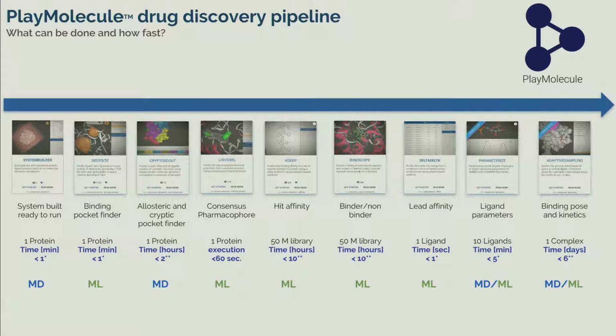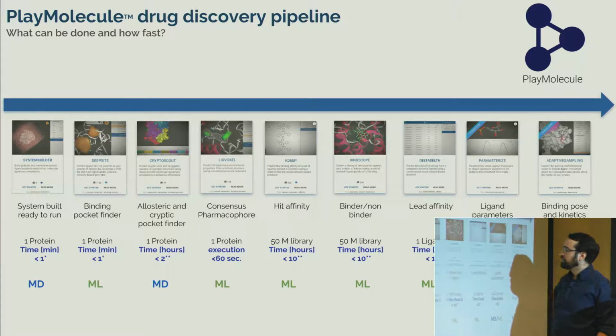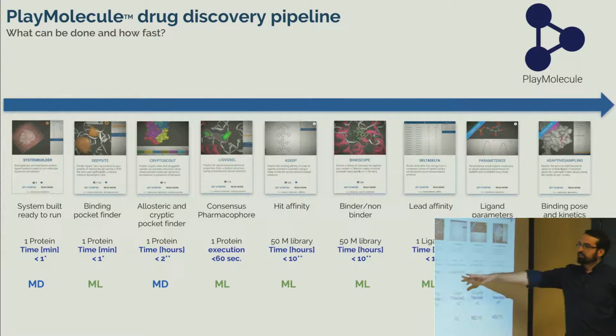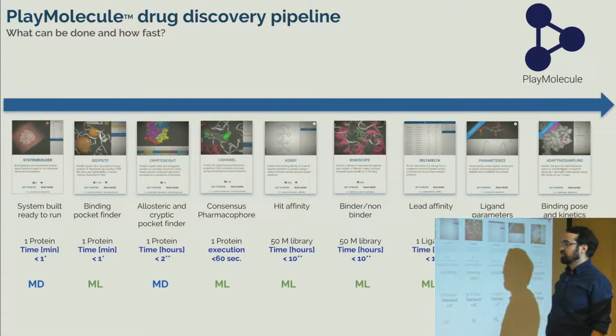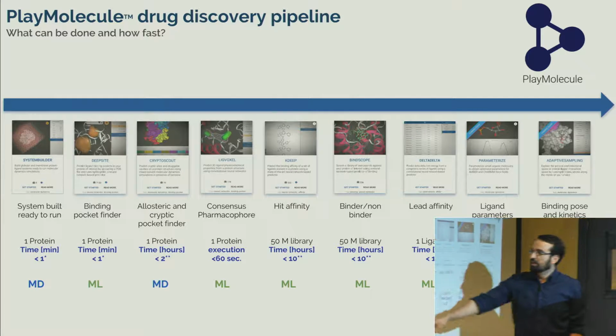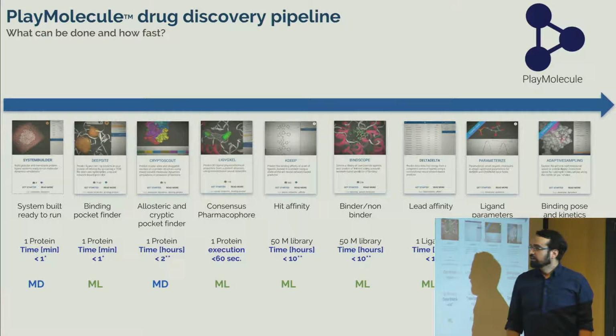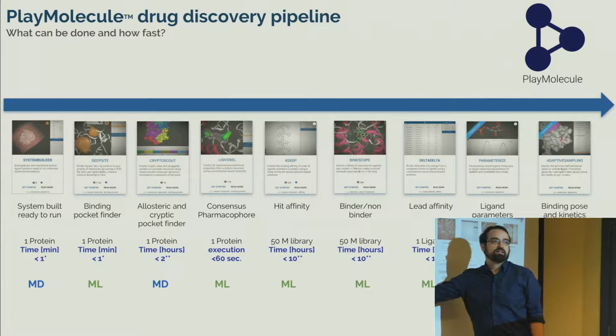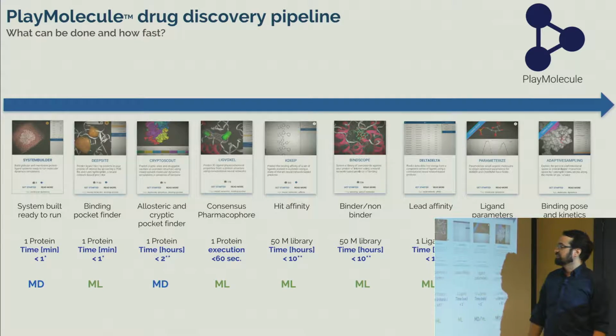All of these applications that you can see here are part of different aspects of this process. You can have hit affinity, for example, lead affinity. These are two different things, as Adrià was mentioning. Pocket finder as well, some more specialized thing to find allosteric pockets, cryptic pockets.